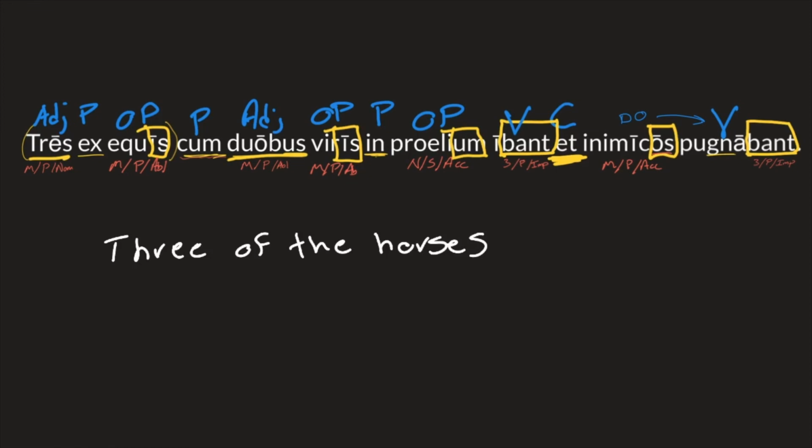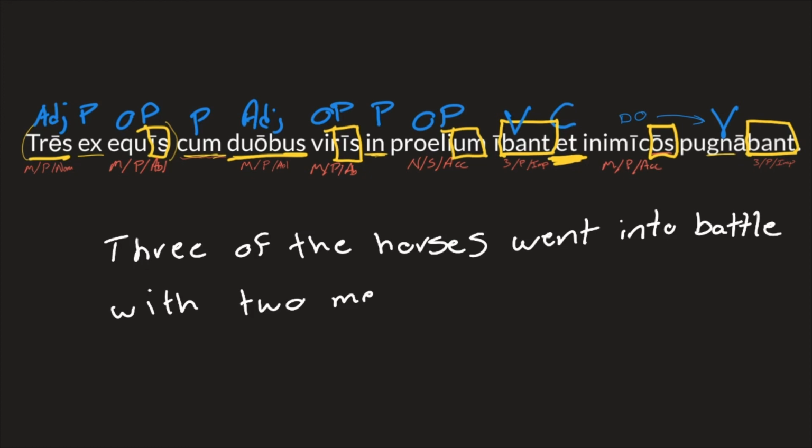Now in English we would probably say 3 of the horses went or were going into battle with 2 men. We're having to rearrange things for English word order. That's the first half, so we can put a comma.